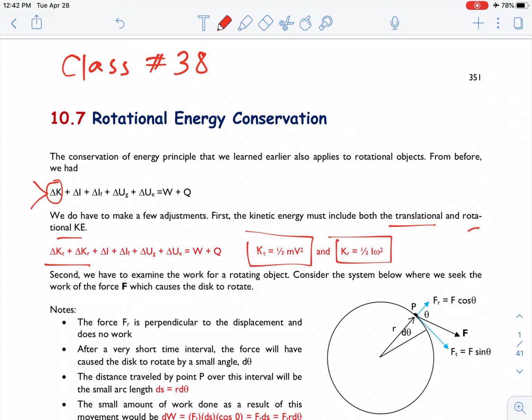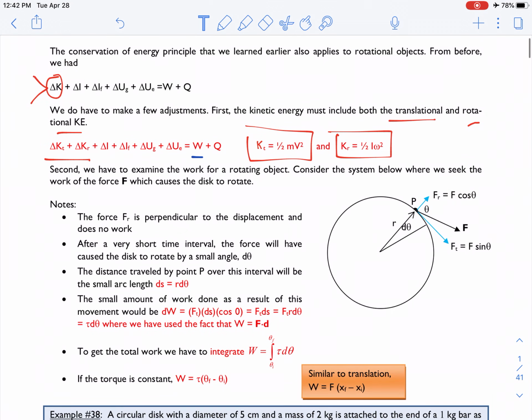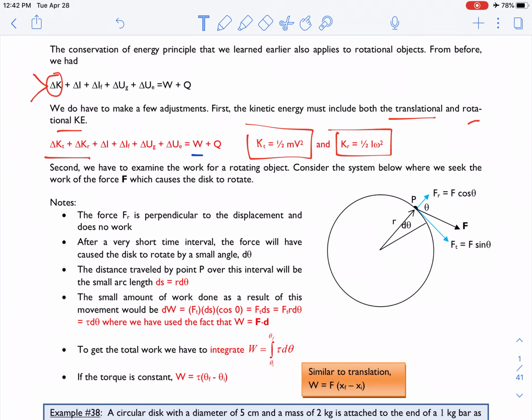And so if we also investigate the work done for a rotating object, we can consider this system and analyze that. So we seek the work of the force F, which causes the disk to rotate.